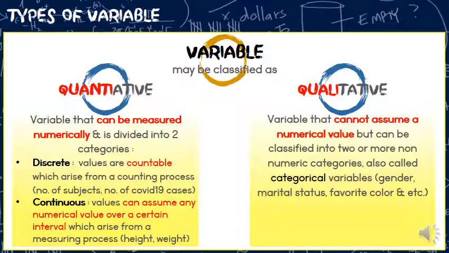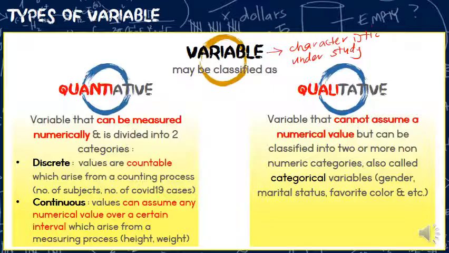Okay. So now kita tengok pula types of variable. So tadi awal-awal tadi saya ada bagi tahu variable ni adalah characteristic under study. Okay, you nak study pasal CGPA, so CGPA will be your variable. You nak study pasal monthly expenditure staff di UiTM.